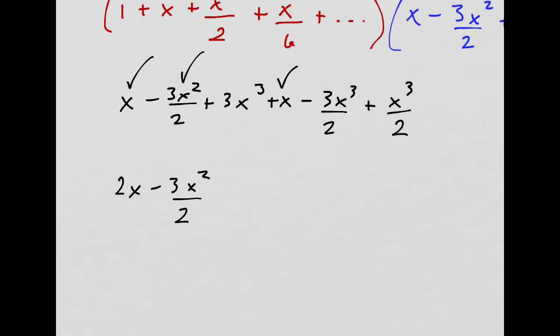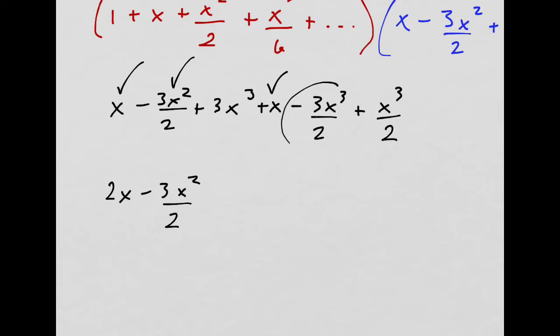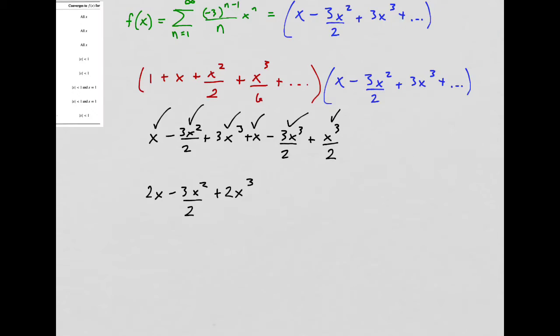Okay, that gives that one. I have here negative 3x cubed plus x cubed. That's negative 2x cubed over 2. That's a negative x cubed. And this, so it's negative x cubed. That's plus 2x cubed. I messed up somewhere.